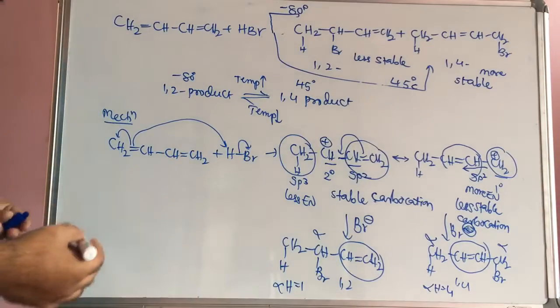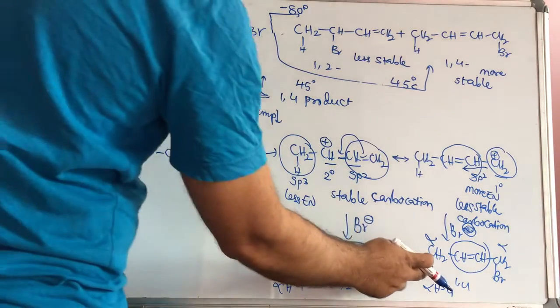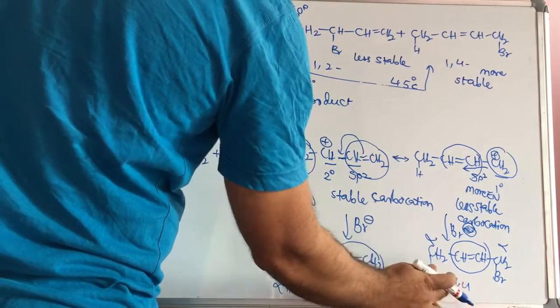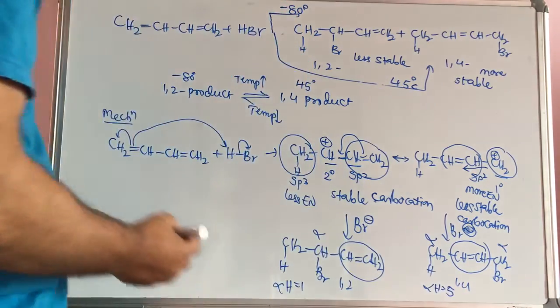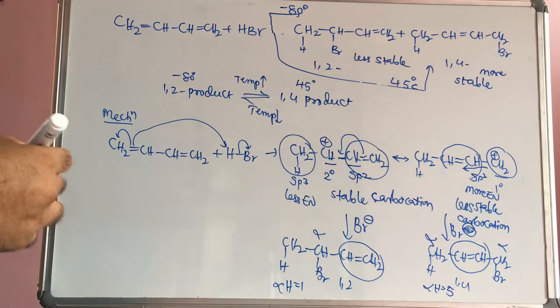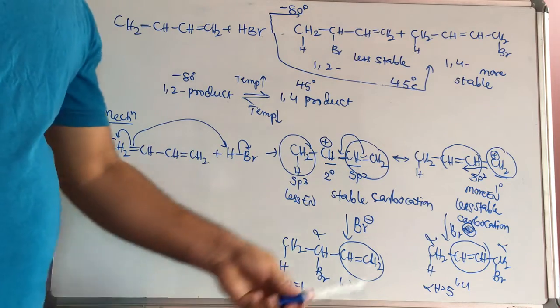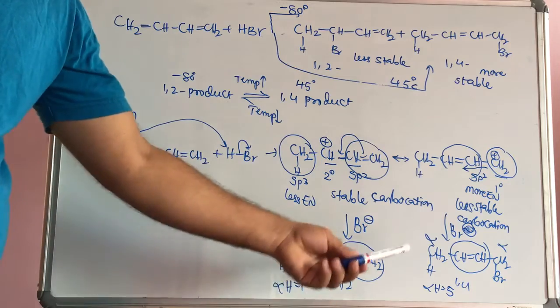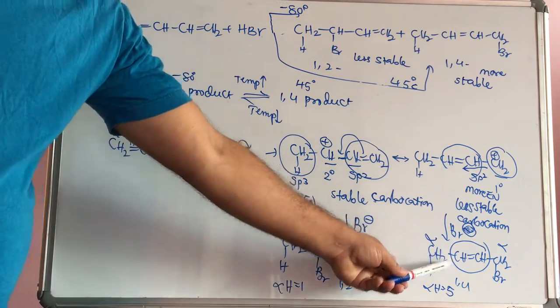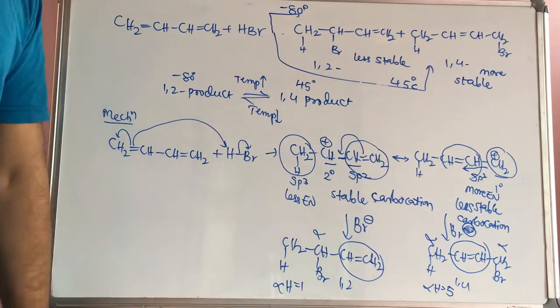Actually this one also. Okay, then total 3 plus 2, total 5 alpha hydrogens. That's why more number of alpha hydrogens, according to hyperconjugation, is more stable, because we will get more resonance structures according to that hyperconjugation. This is a more stable product, this is a less stable product.